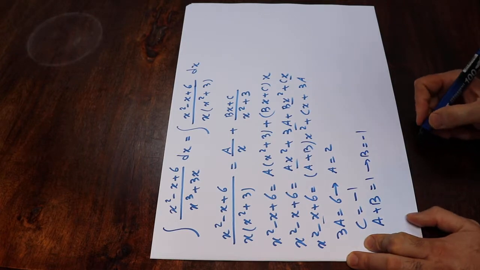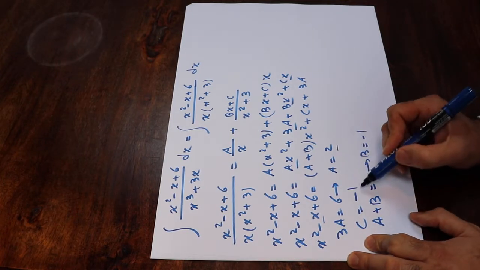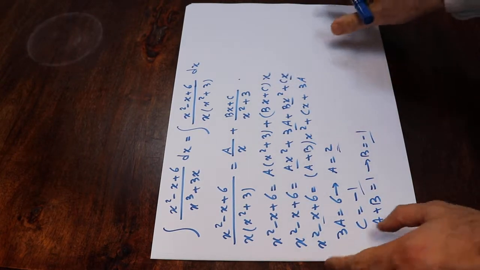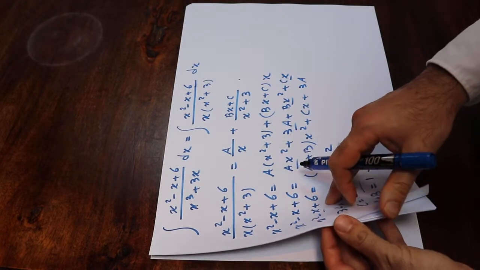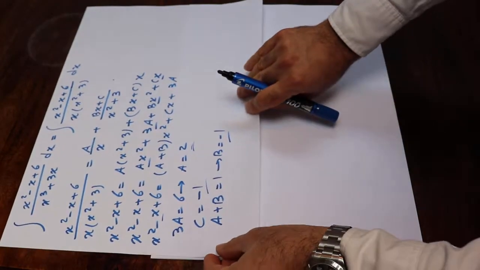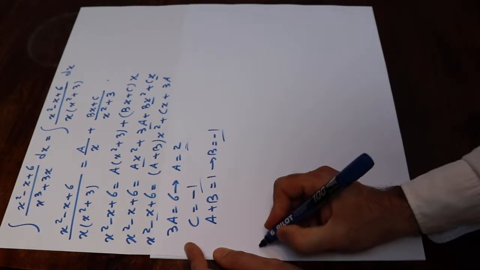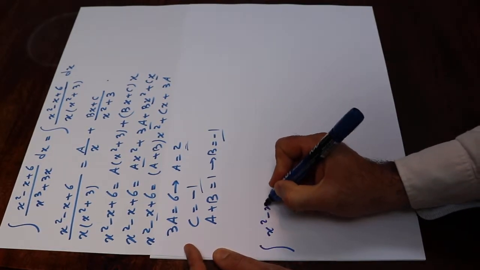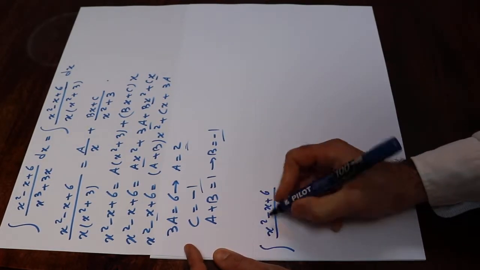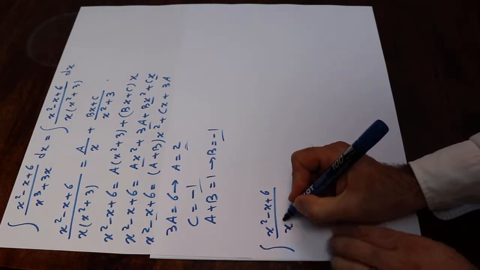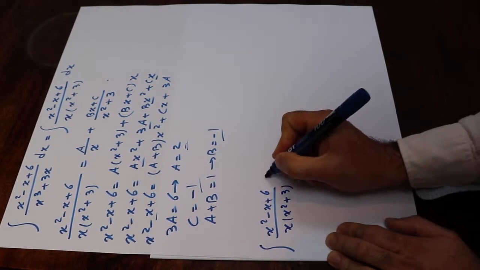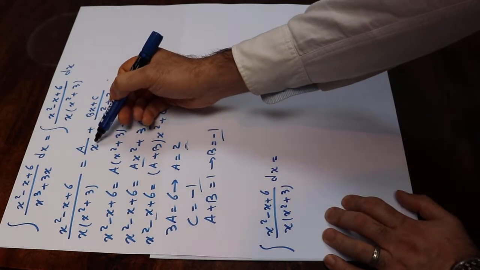Okay, so all you need to do here, you need to now substitute these parameters into this equation. Therefore, you can write here the integral of (x² − x + 6) divided by x times (x² + 3) dx will be equal to the integral of the first term.